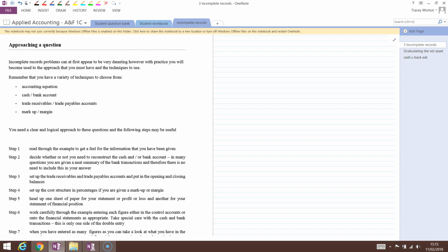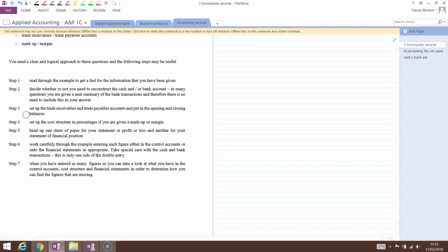So with any kind of question, it's best to get into the habit of making sure that you've got a clear and logical approach and that you can follow some kind of process. So I've given you a sort of step-by-step just to give you a helping hand. So first of all, read through the example, get a feel for the information that you've been given.